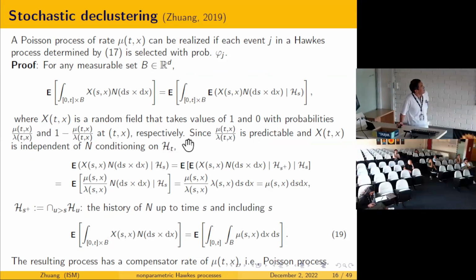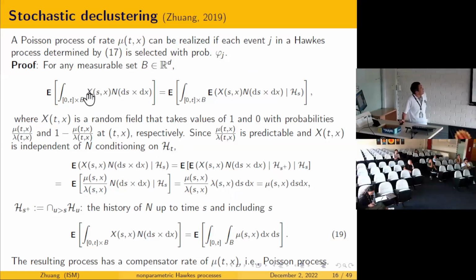So we can make the conditioning, and we can prove that this part, taking value 1 or 0, has a compensator with this mu as the density function.